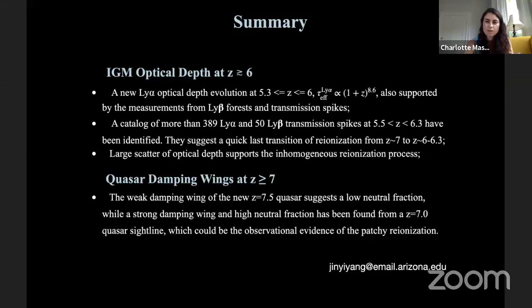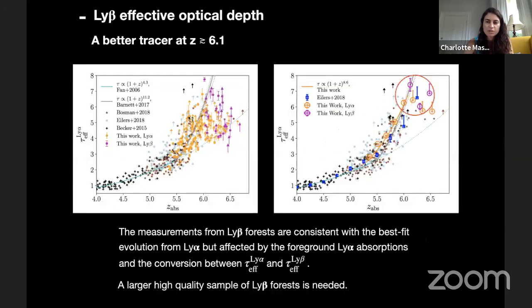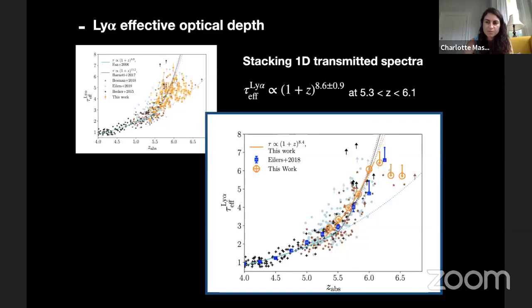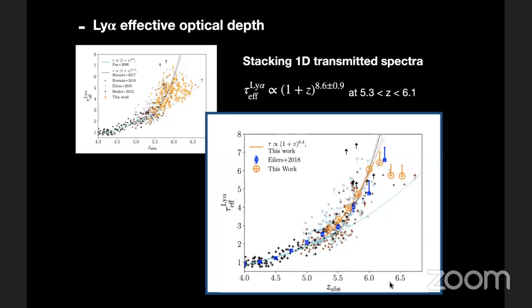A question from Hamza Padmanabhan, who asks, in your effective optical depth plot, is the dotted line an extrapolation from the Fan 2006 results? If so, it seems to indicate a rapid evolution in tau effective. Has the scatter actually decreased with the new sample, comparing the left and right curves? Do you mean the dotted line?